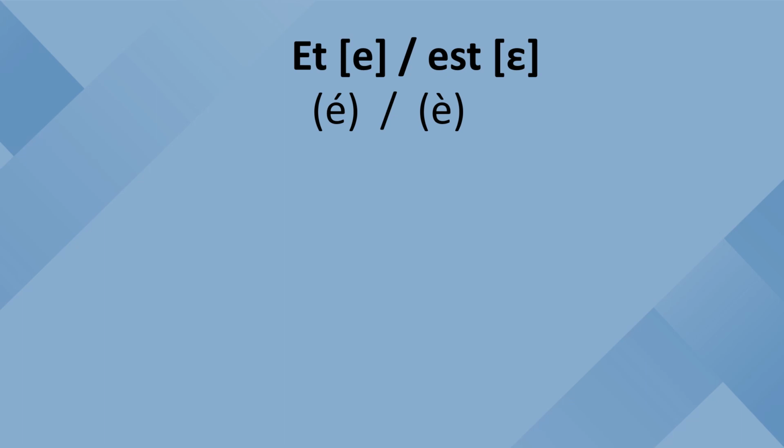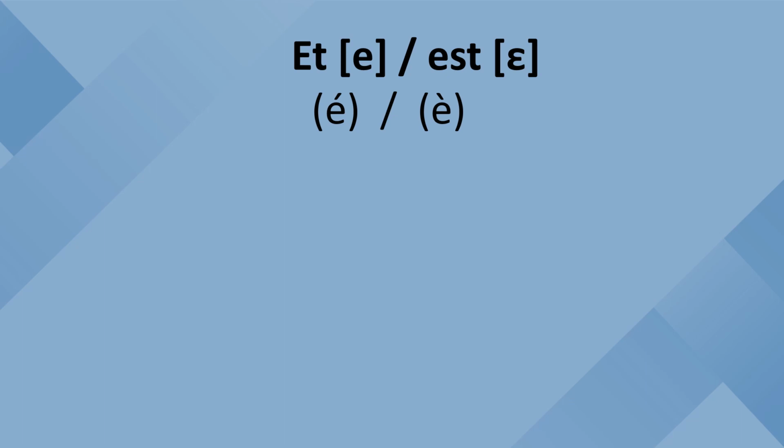As you can see, the two phonetic sounds are different, and they are different because the pronunciation is different. ET, which means and, gives you the sound é, and EST, which means is, gives you the sound è. So with è, you open your mouth a little bit more.